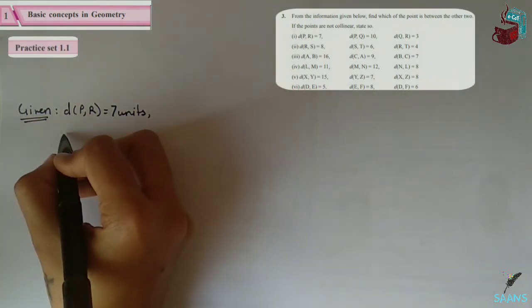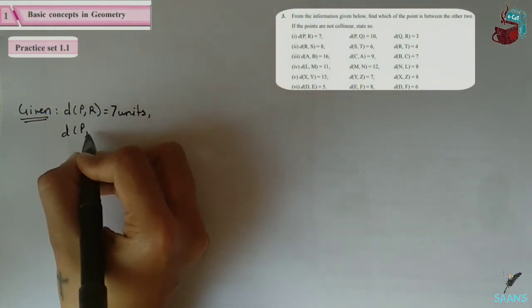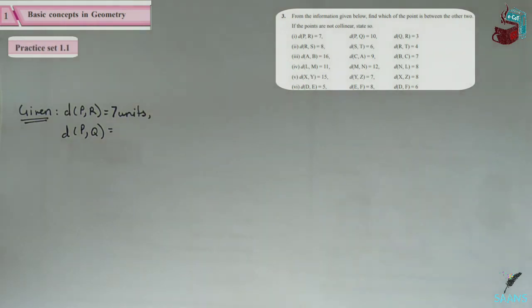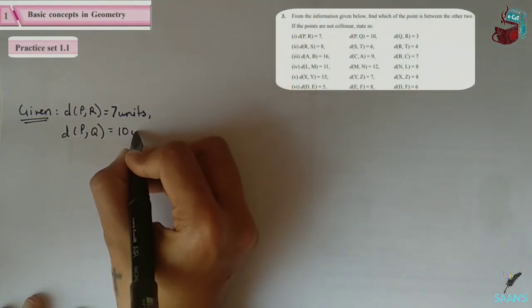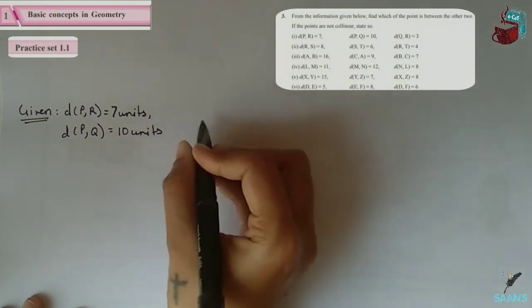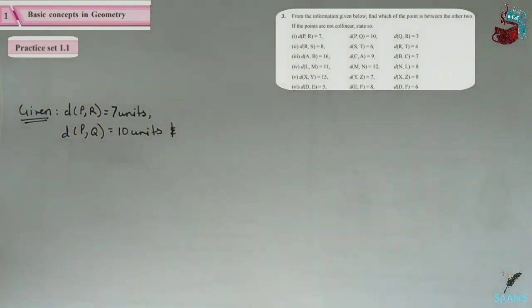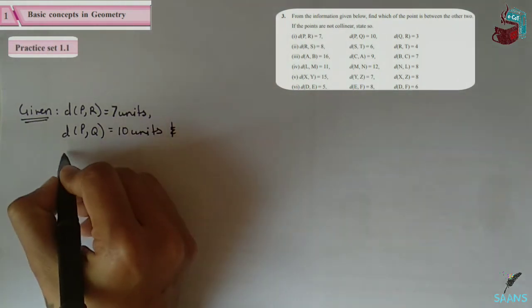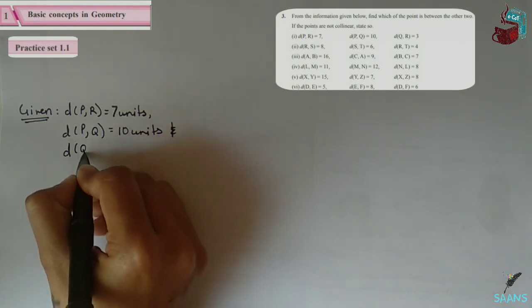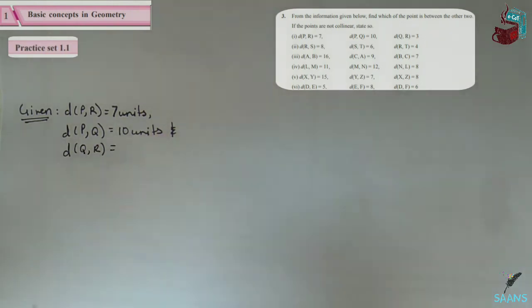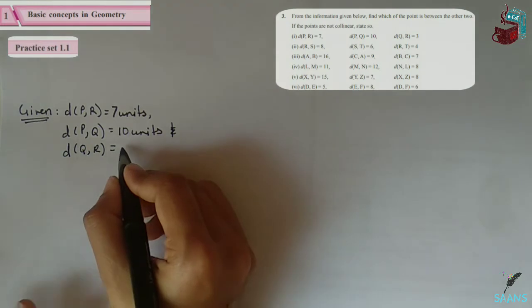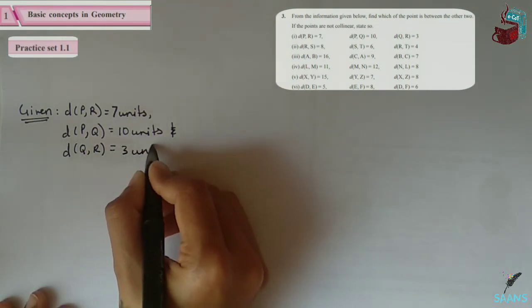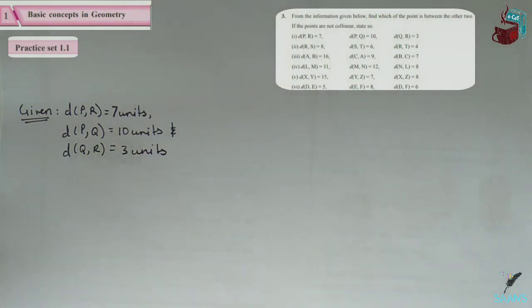Distance PQ is equal to 10 units and distance QR is equal to 3 units. Now we have to find which of the points lie between the other two.